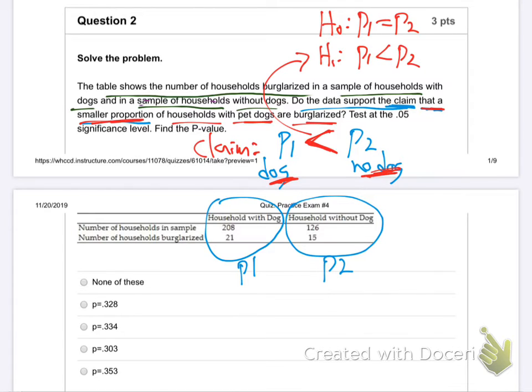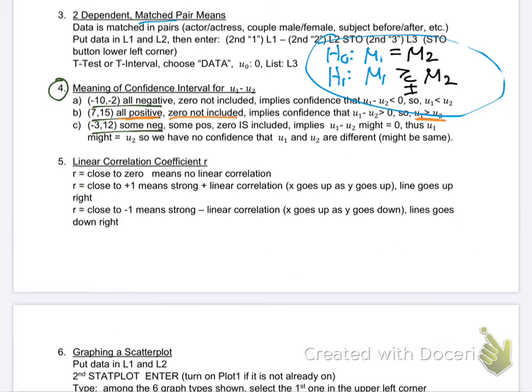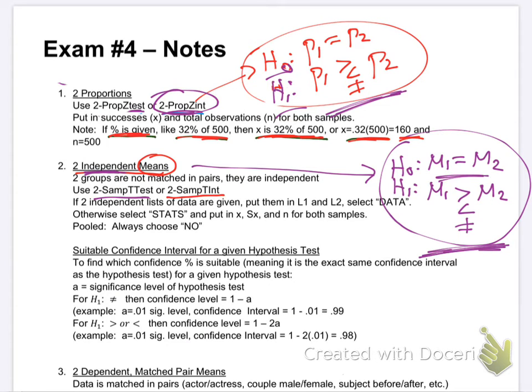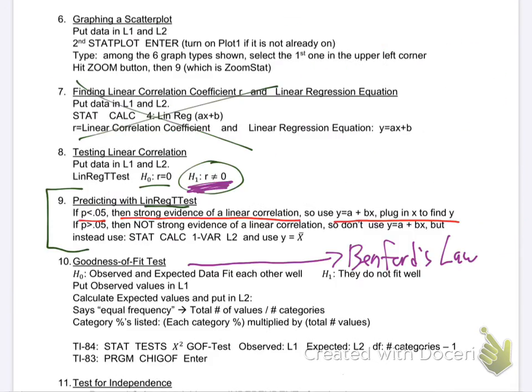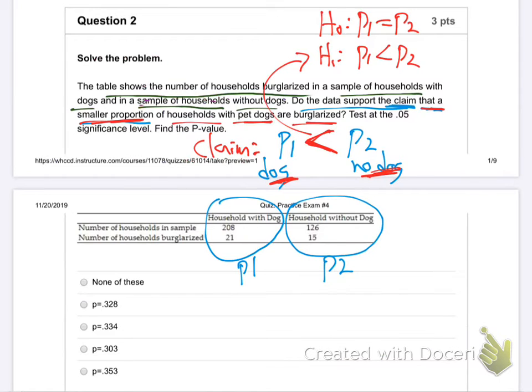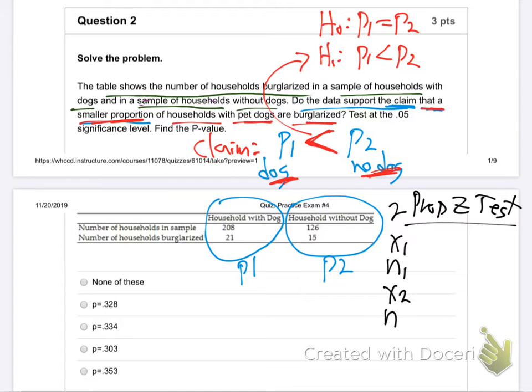Okay, now from here, where are we going to go? Let's go see the exam notes. So here we are, two proportions, H0, H1. So we go to the 2 prop Z test. When you go to the 2 prop Z test on your calculator, you get X1, N1, X2, N2.